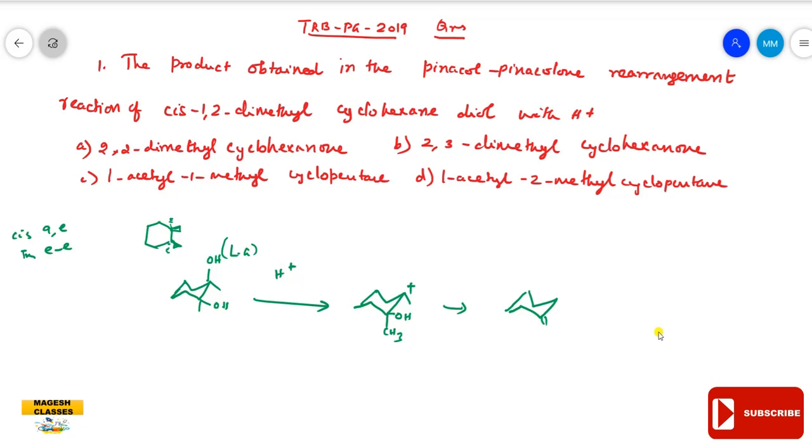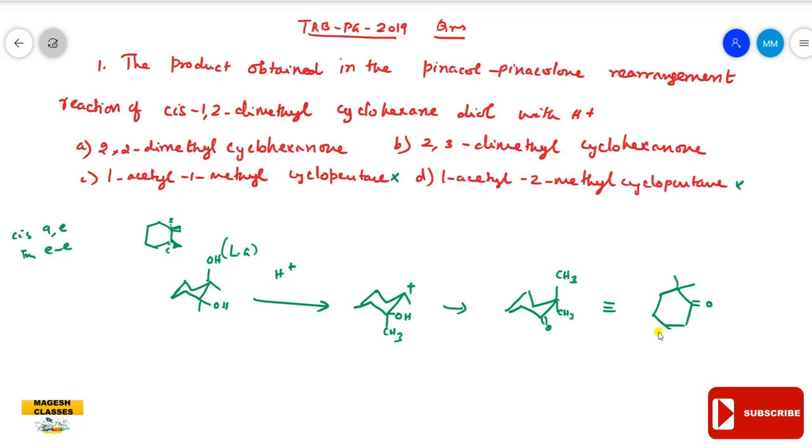So it will be the ketone part, and here it is methyl, and the equatorial methyl. It is similar to the 6-member ring, here 2 groups, and it is a ketone. So what is the product? It is a cyclohexanone, not a cyclopentane. So D is not the answer. C is not your answer.